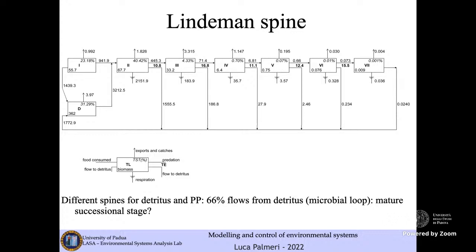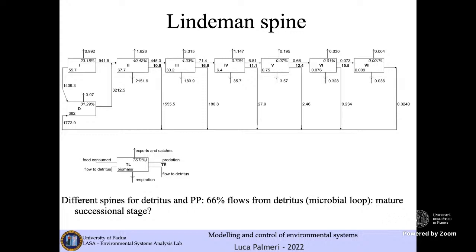And the software will present you different spines for detritus and primary production. Here, 66% of flows comes from detritus, that is a microbial loop, and represent a mature successional stage.